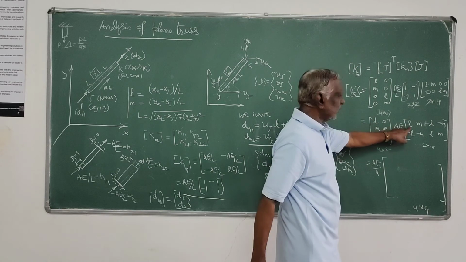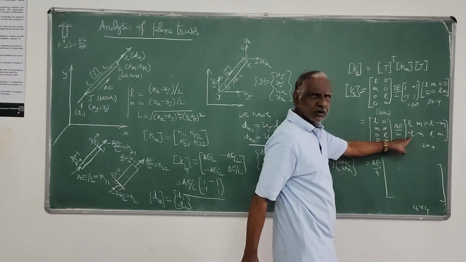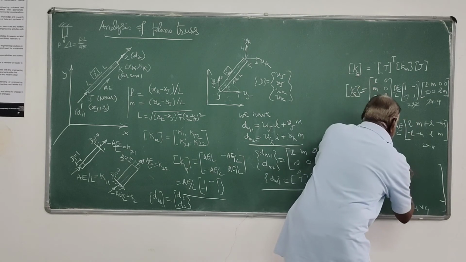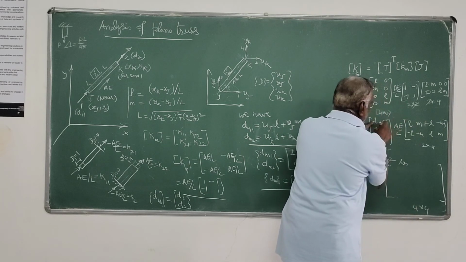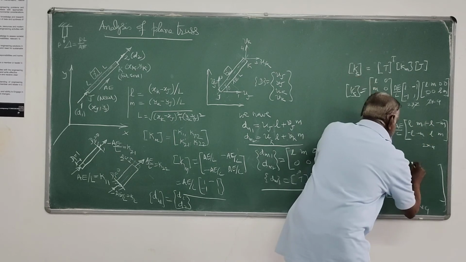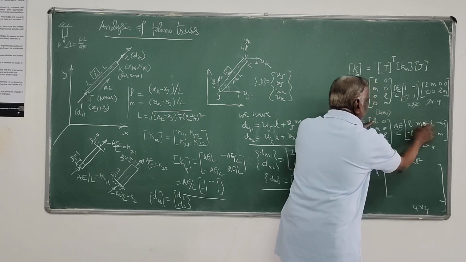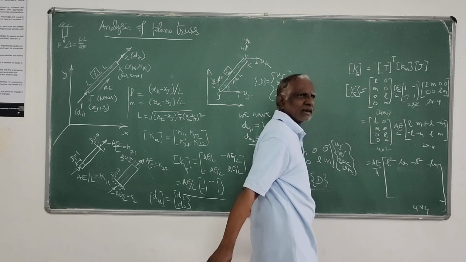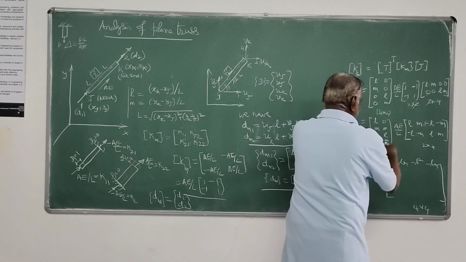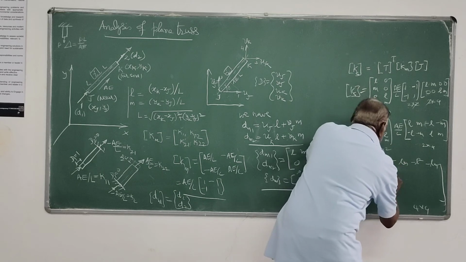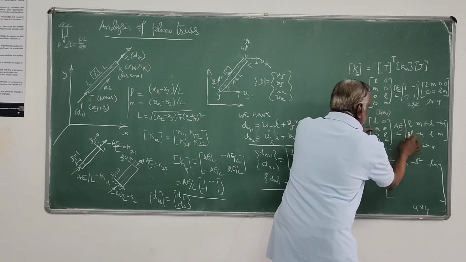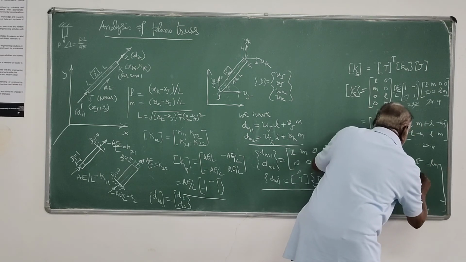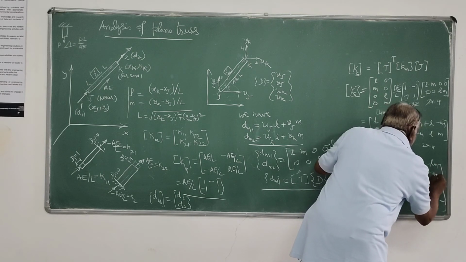So this is L into L, L square, then 0 into minus L. So this is L square, this is LM, then this is minus L square, then this is minus LM. It has to be symmetric, so I will fill it in. This is LM, this is M square, this is minus LM, and minus M square.